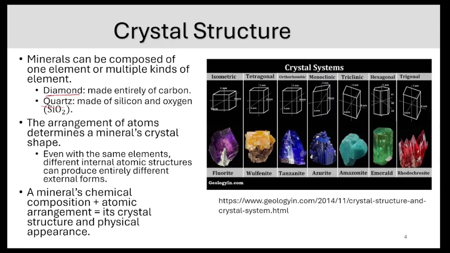But the truly important idea here is that the arrangement of atoms forming the crystal structure is what determines the mineral's shape and overall physical properties. So basically, the arrangement of atoms is what determines the mineral's crystal shape. And in the figure here, we can see different crystal structures for different kinds of minerals.